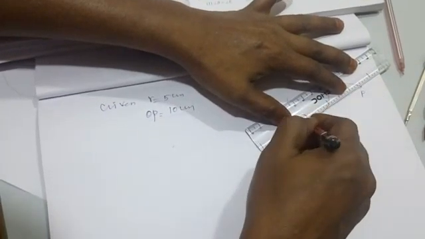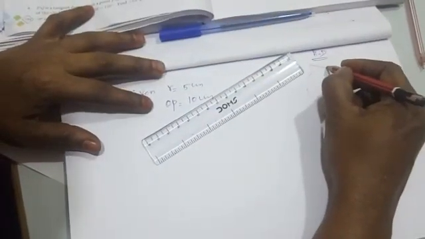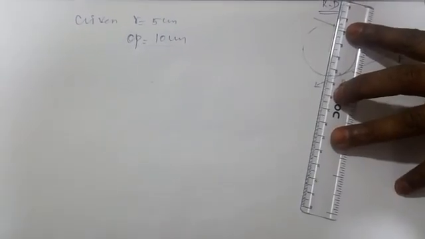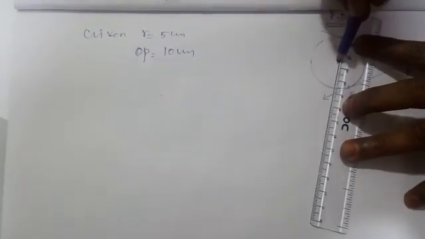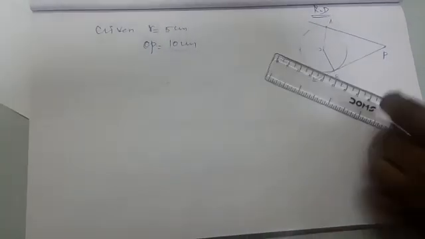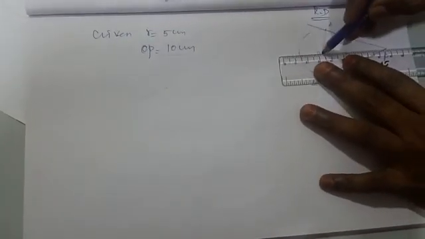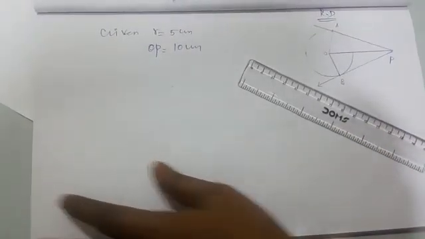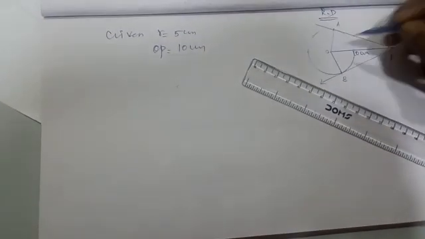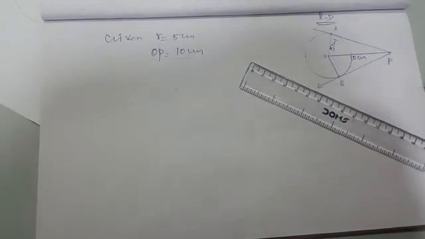Like this we have to draw the touching point A and the other touching point B. Draw the radius OA, then OB. Now you have to join OP. Now you have to mark the lengths: 10 cm, then the radius is 5 cm.